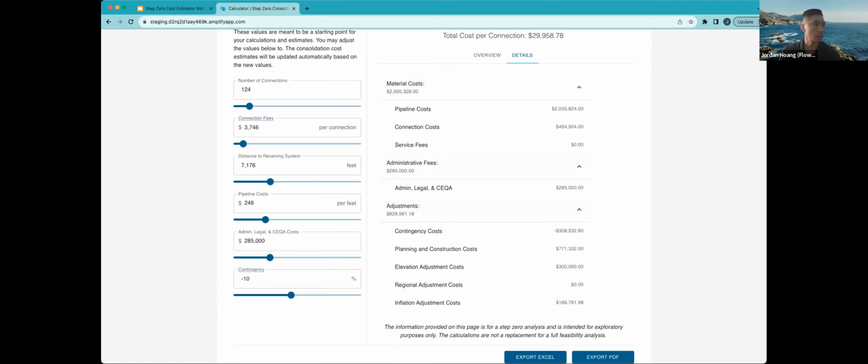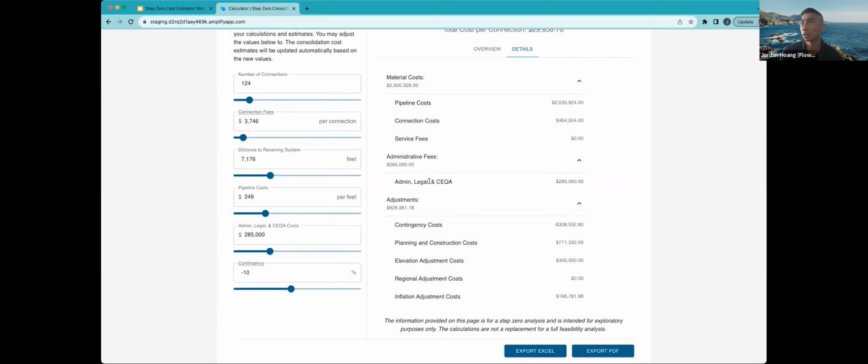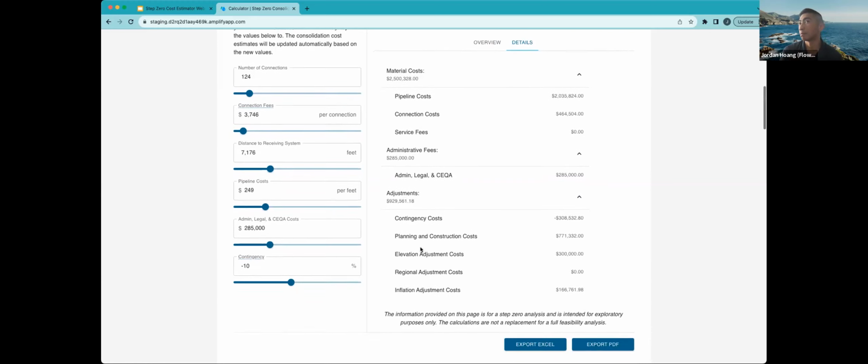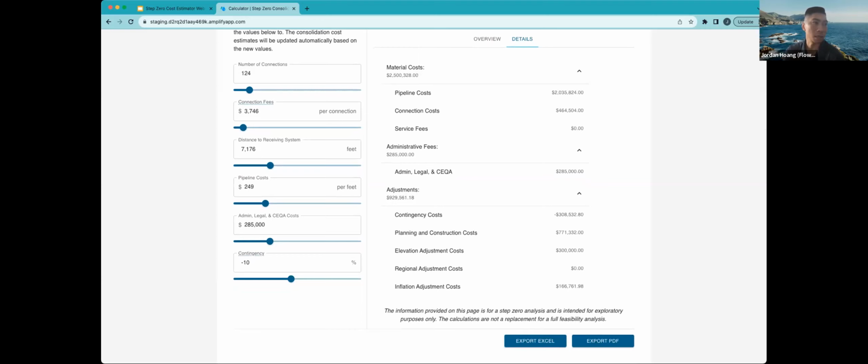Design costs. I'm not sure. I'll look into whether we're accounting for design costs in there.